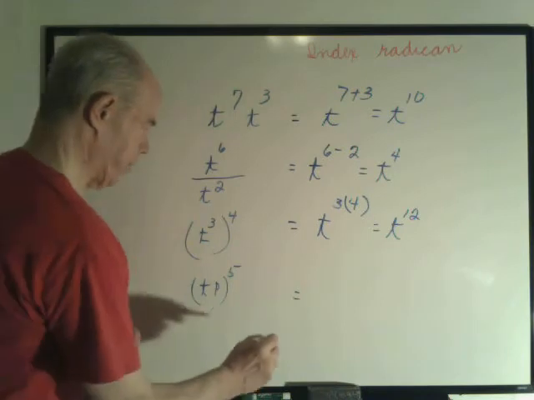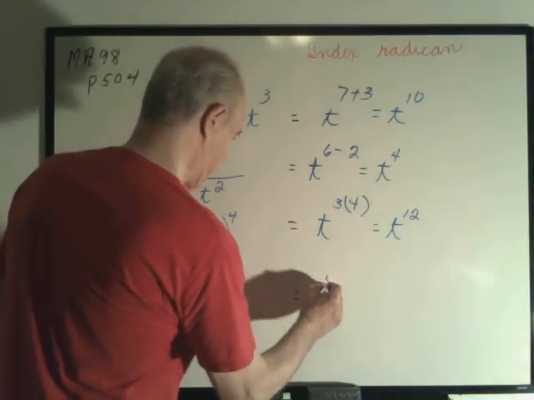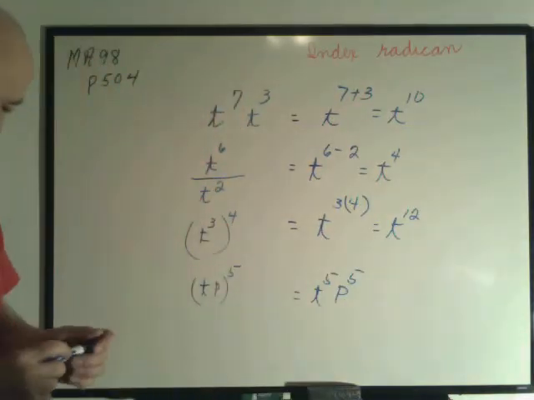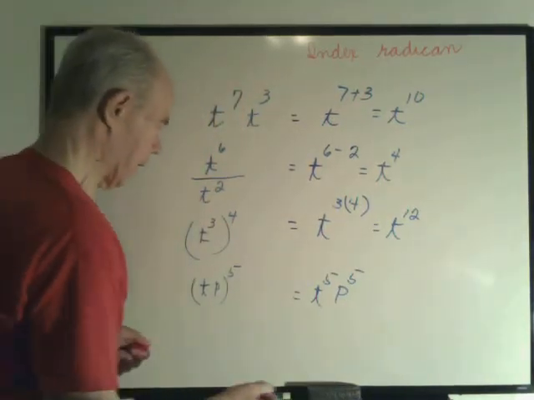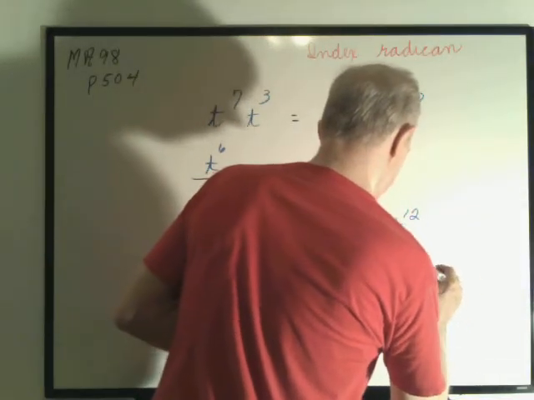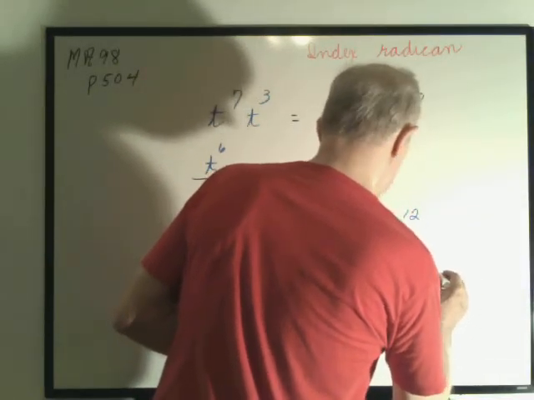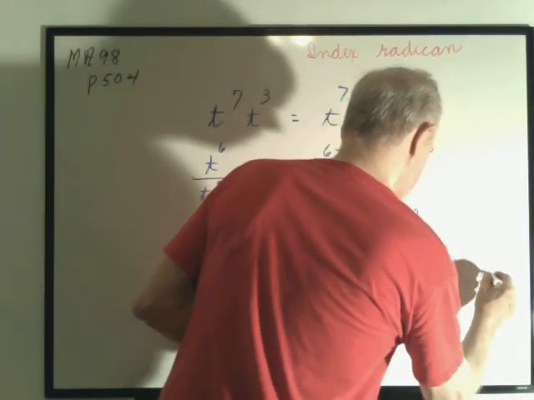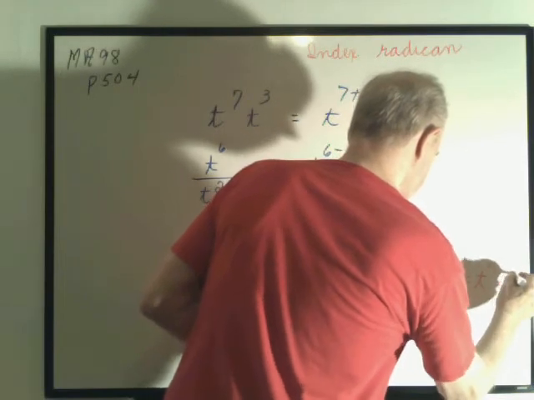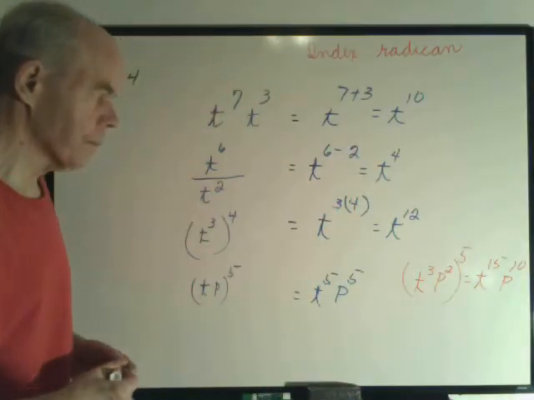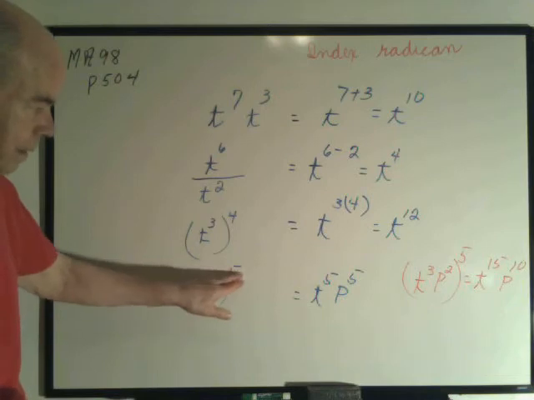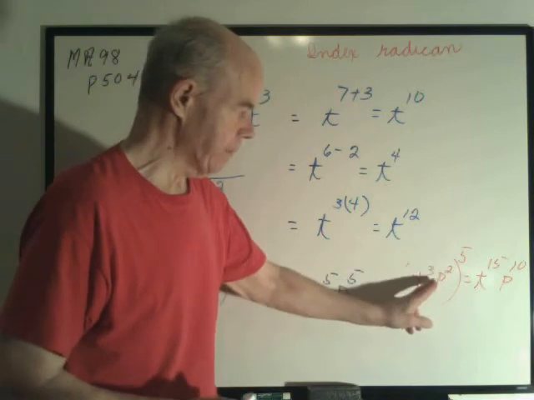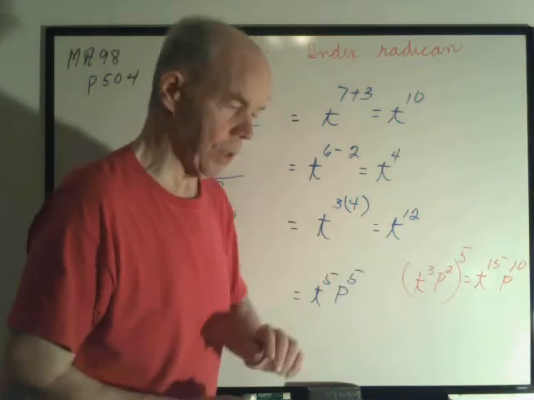And this configuration is going to give me t to the 5th times p to the 5th. So if I had something like t to the 3rd, p squared, all to the 5th, I'm multiplying this exponent times whatever exponent was with the t and with the p. So it's going to be 5 times 3 gives me 15, 5 times 2 gives me 10.